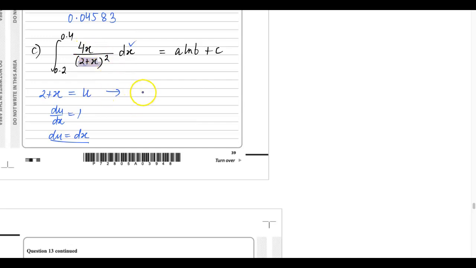And what about x? x is going to be u minus 2, right? So if we try writing it again, 4x can be written as 4 times u minus 2 over u squared du.